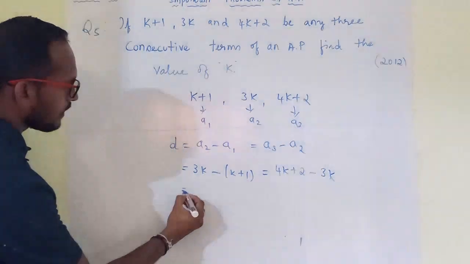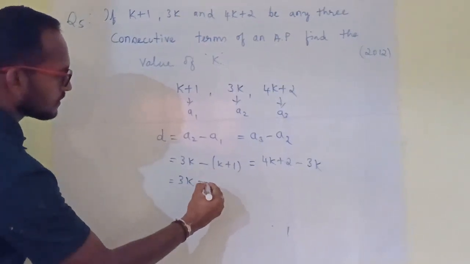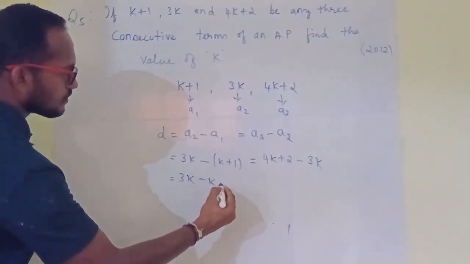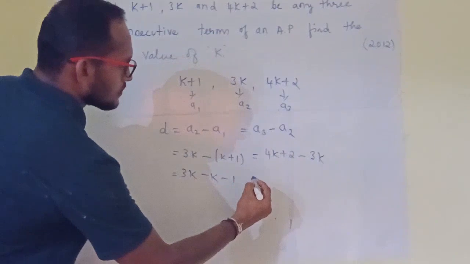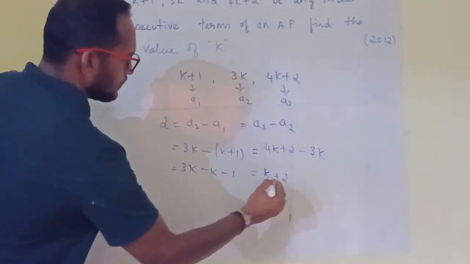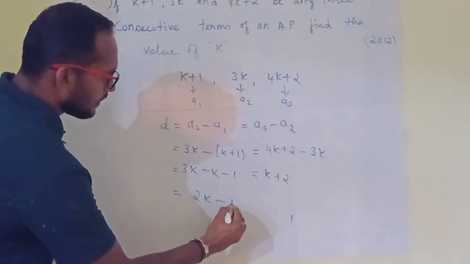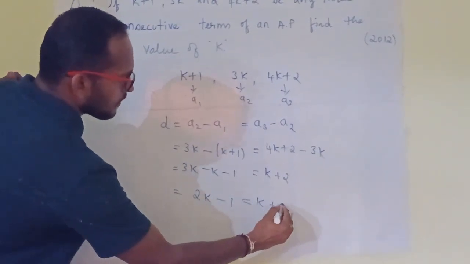Now 3k minus k plus 1: minus into k is minus k, minus into plus 1 is minus 1. 4k minus 3k is k plus 2. Here 3k minus k is 2k minus 1, which is equal to k plus 2.